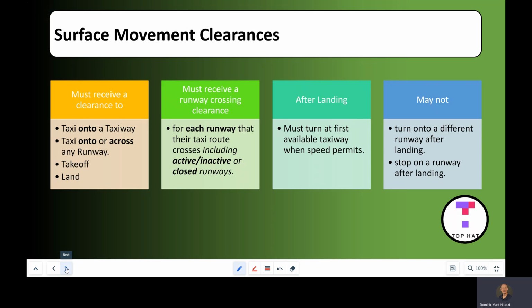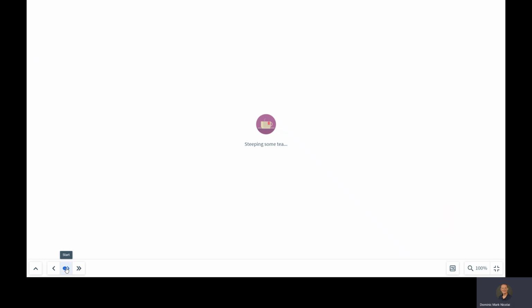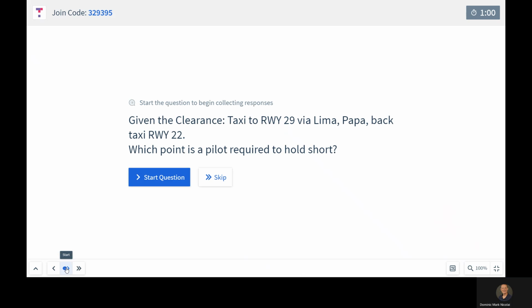So let's take a peek at these things here with the top hat question. Your clearance: taxi to runway 29 via Lima, Papa, back taxi runway 22. I'm going to show you the graphic here in just a moment. Taxi to runway 29 via Lima, Papa, back taxi runway 22.